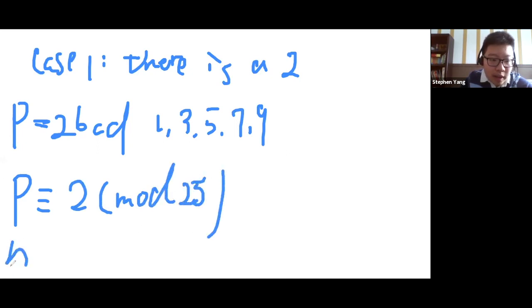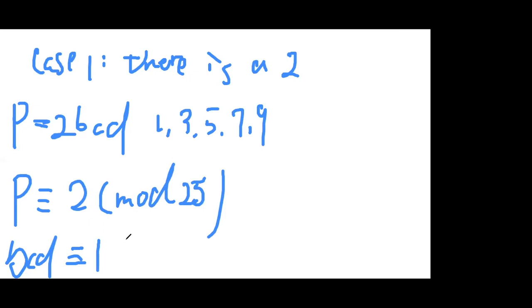Then we'll have BCD is congruent to, sorry, congruent to 1 mod 25 because we divided by 2.